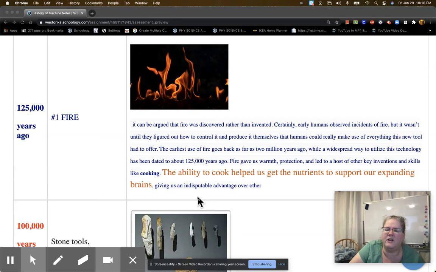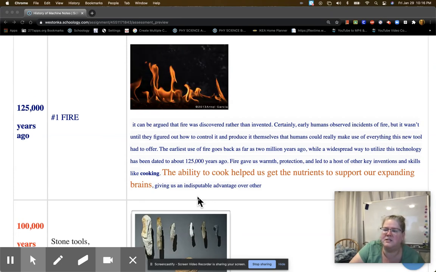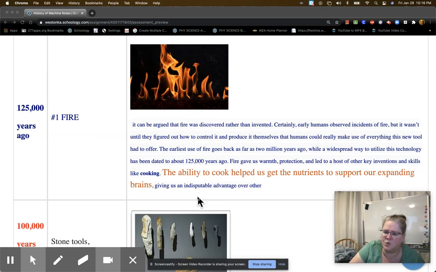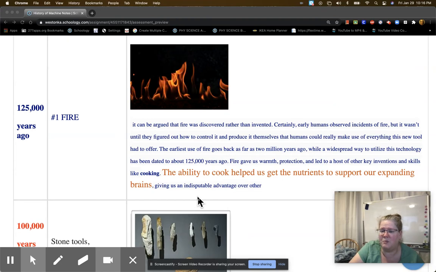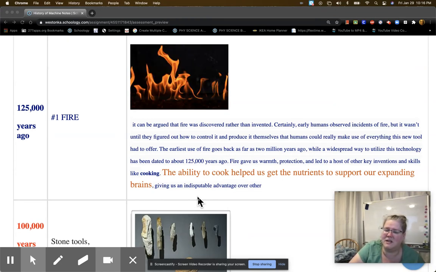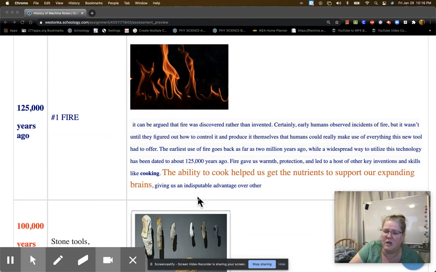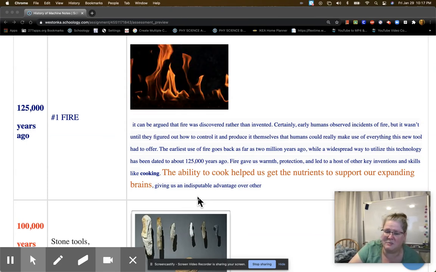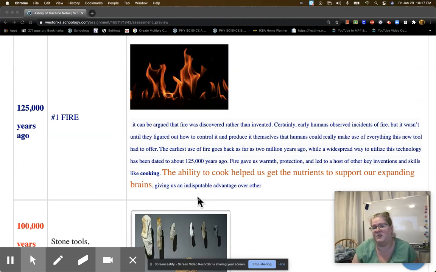And that fire goes back, we've been using it for a long time, but to utilize it with the control is what really helps us. Because with fire, we get warmth, we get protection from the night. And a lot of other things like cooking, the ability to get nutrients out of food, allowed our brains to expand. It gives us an advantage over others.